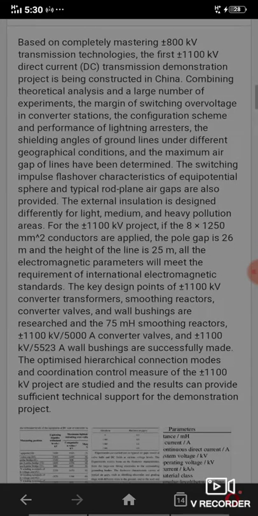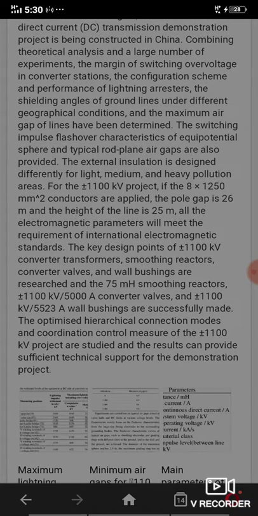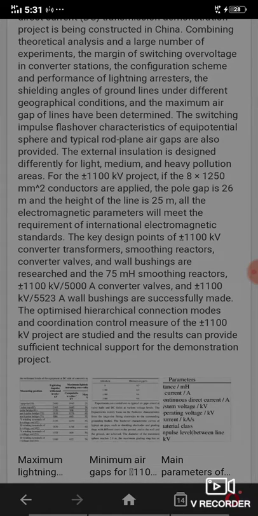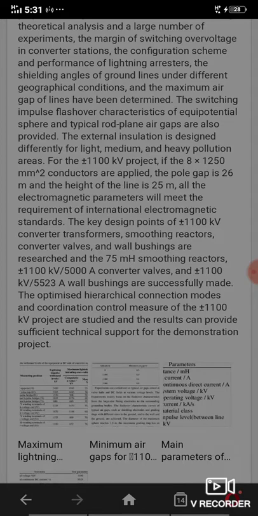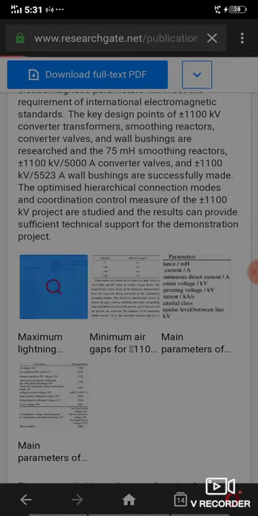So we, for our ease, the key design point: 11 kVA converter transformer smoothing reactors 11 kV are successfully made the optimized hierarchical connection modes and combination control measure, and the 11 kV project are studied in below. So maximum lightning.